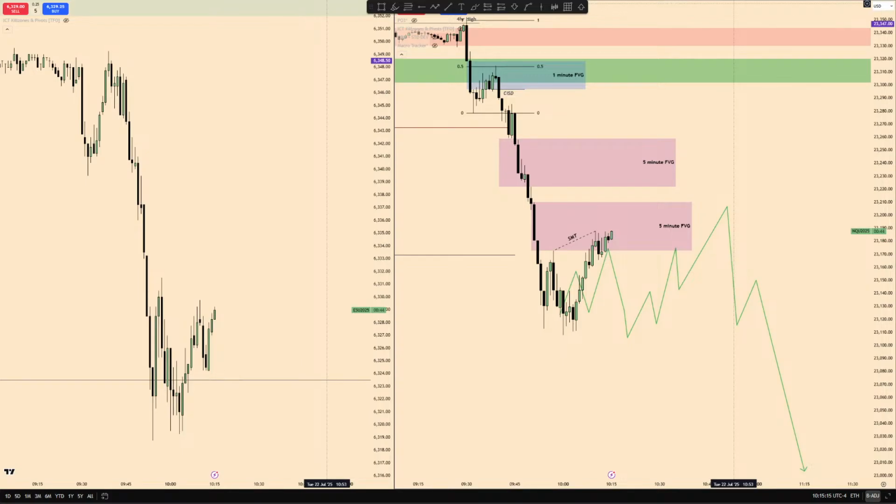Waiting to see if it pushes into it. I would be extra picky on this though, just because we're already delivering kind of out of that daily gap. I would need some really convincing structure to back a short here, fading that daily.